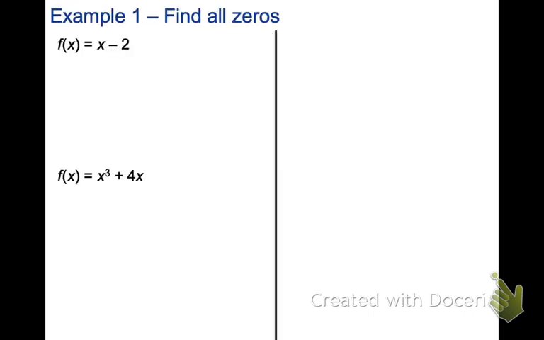Okay, so find all the zeros. How are you going to? What kind of equation is the first one? Linear. Thank you. How many solutions are we going to have? 1. Now with a linear, do you have to have one real solution? What about a horizontal line? Does it have one real solution? No, because it never touches the x-axis.